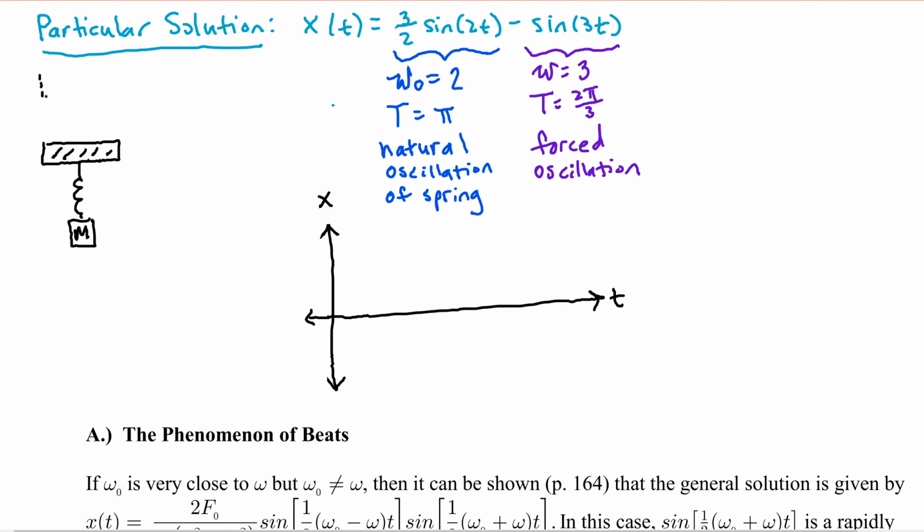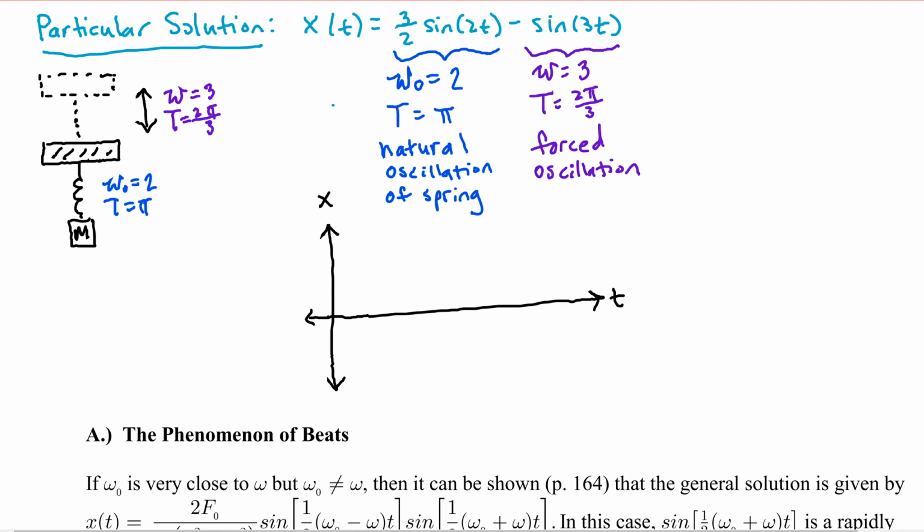And we're allowing this base to undergo harmonic oscillation as well. So this is moving up and down as the spring naturally moves up and down according to its own physics. So the frequency of this forcing function is 3. The period here is 2 pi over 3, whereas the frequency here is 2 with period pi.